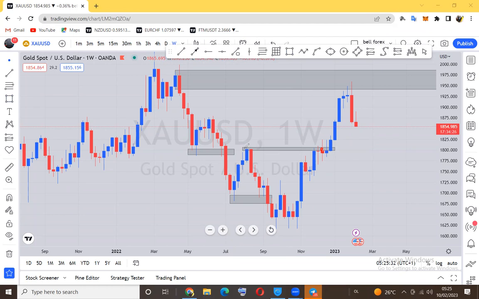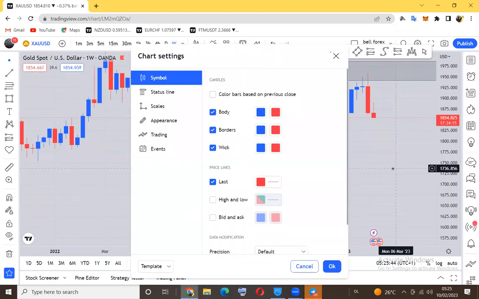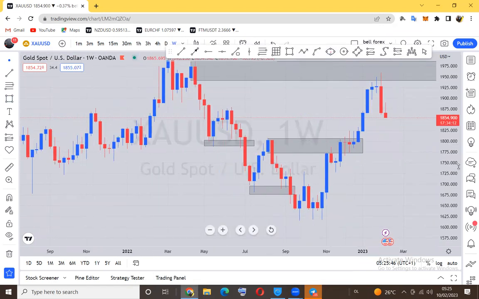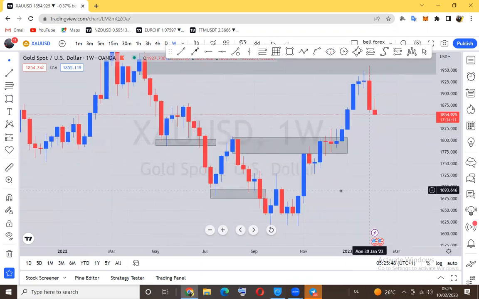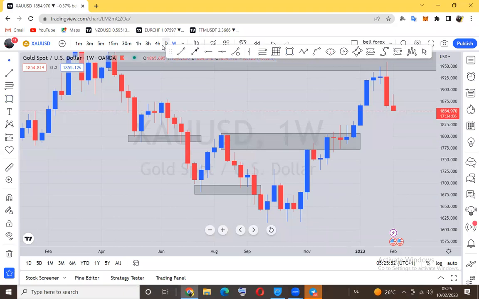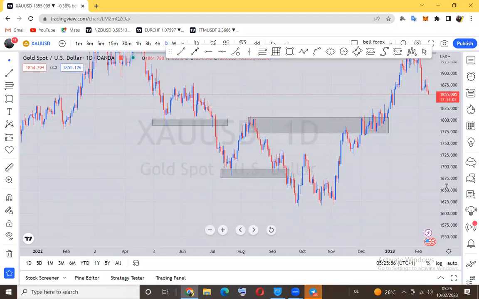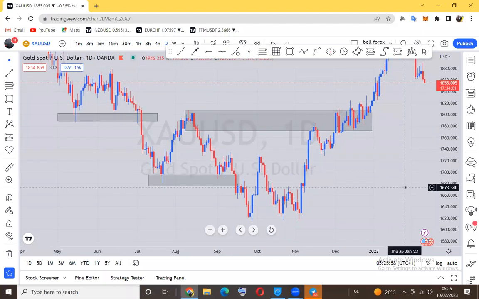And this also was a very good order block. So many gold traders also took this as an OB where a trade could be executed. And as you can see clearly, when price came into this OB, the first day price came into this OB, I can now take it to the daily and I'll show you that all of what I'm trying to teach you here makes a lot of sense.